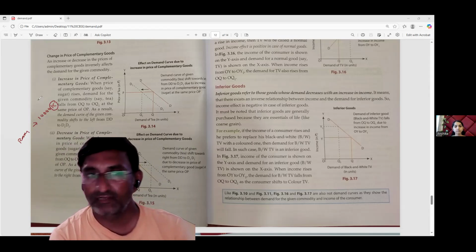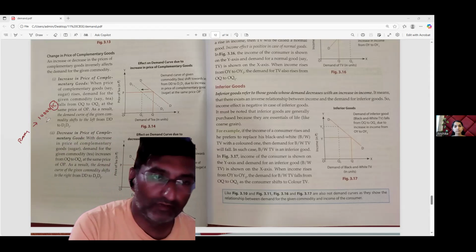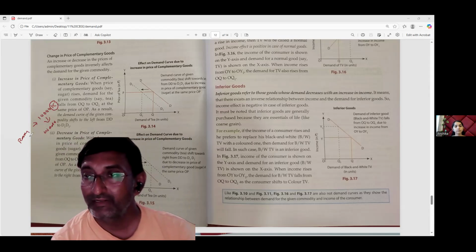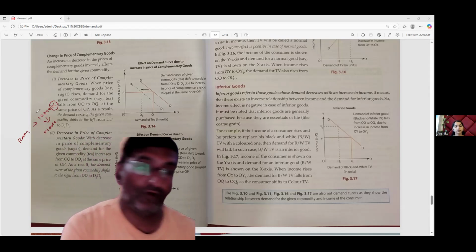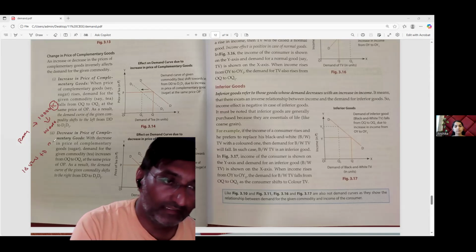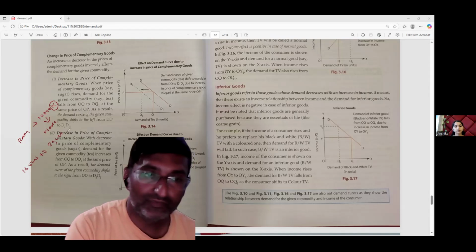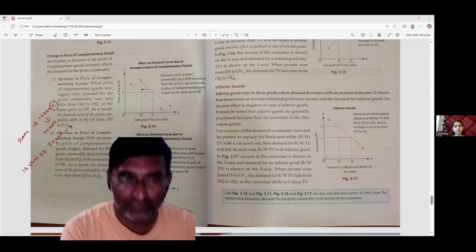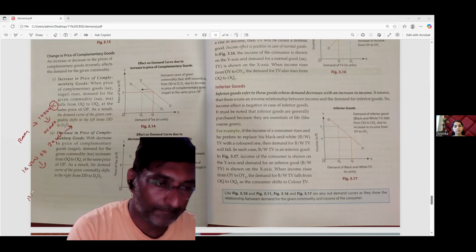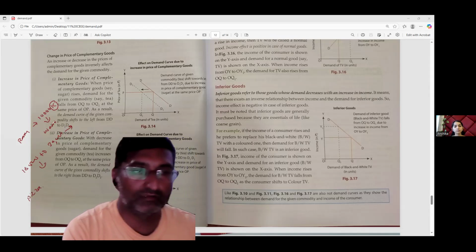But due to his income, he prefers eating vada pav instead of pizza. But when his income increases from 10,000 to 30,000, then he will switch his choice. He will switch to eating pizza. He will not go for the vada pav.